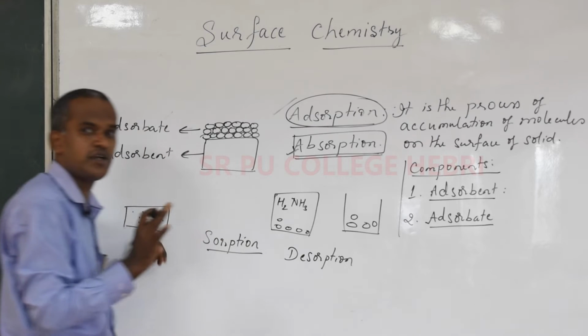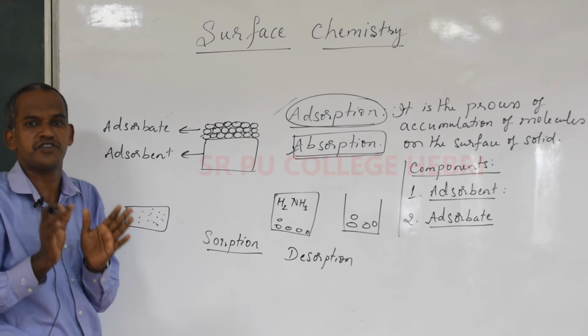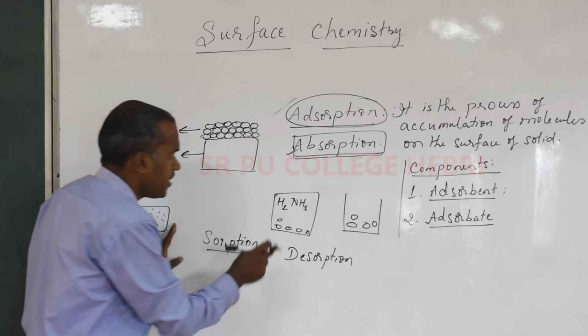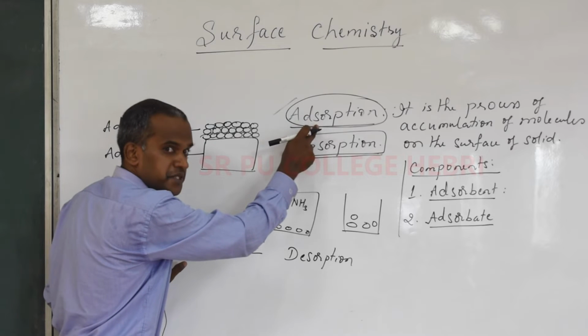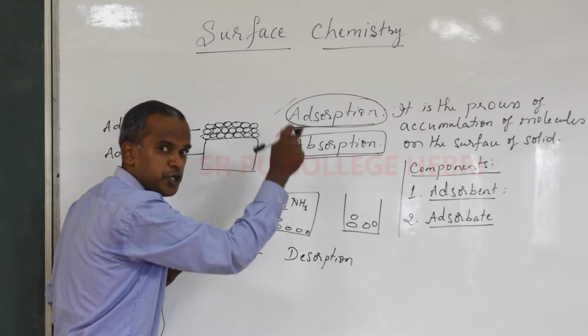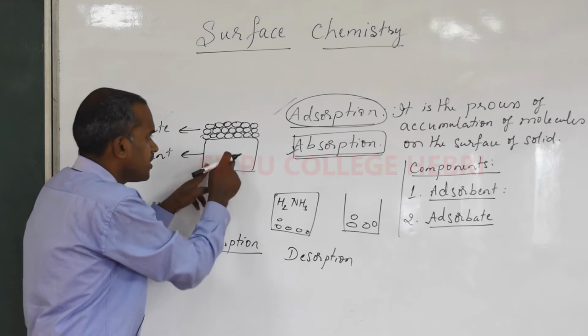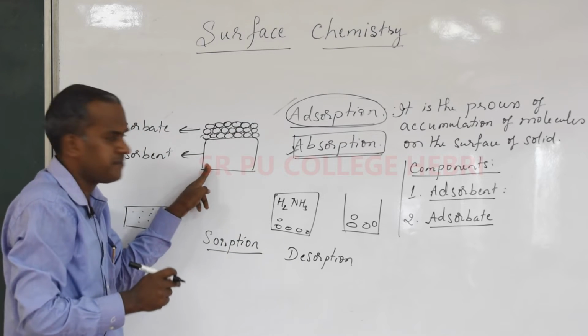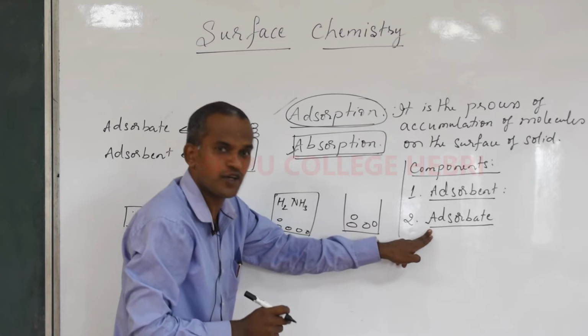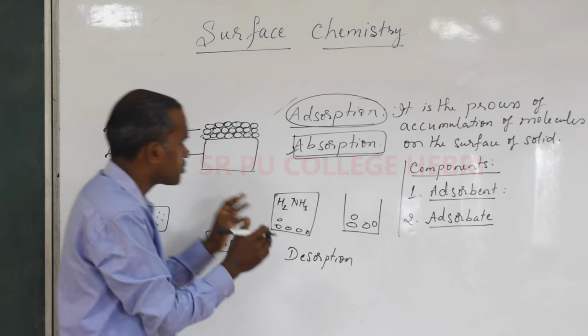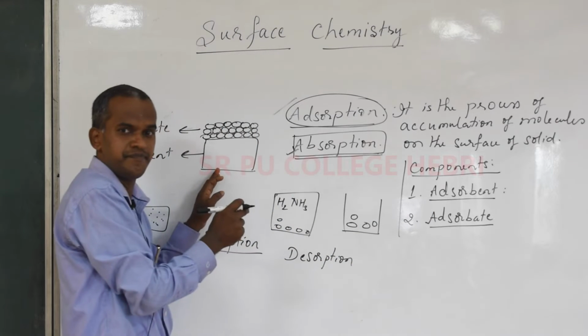Students, we are discussing only the introductory aspects of surface chemistry today, where first you understood what is adsorption. It is a process of accumulation of molecules on the surface of a solid. Then you understood the two components in adsorption, that is adsorbent and adsorbate. Then we understood what is absorption.